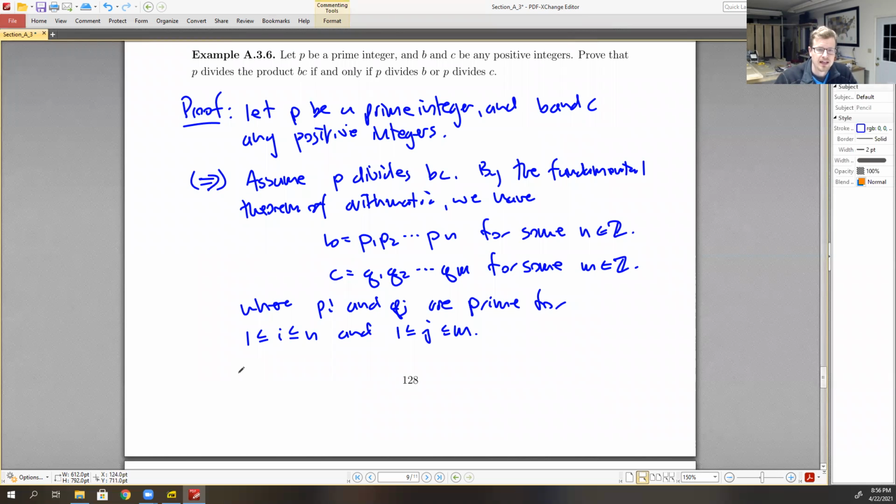All right, hence B times C is equal to P1 times P2 times all the way up to Pn times Q1 times Q2 times all the way up to Qn.